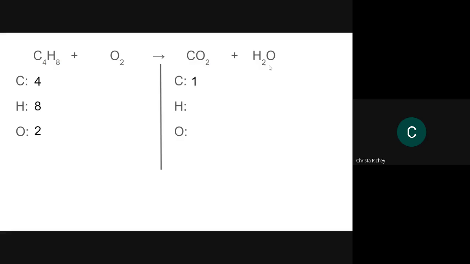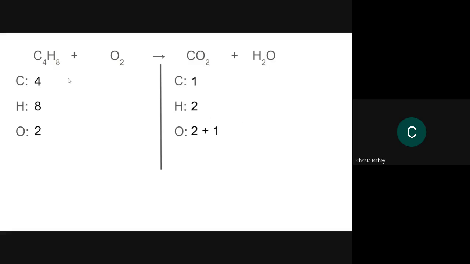I have 2 hydrogens. And then I have to write it the way I see it. I have 2 plus 1 oxygens. Yes, I understand that adds up to 3, but don't write 3. Because once again, if you put a number here, it only multiplies the 2 oxygen. If you put a number here, it only multiplies the 1 oxygen.